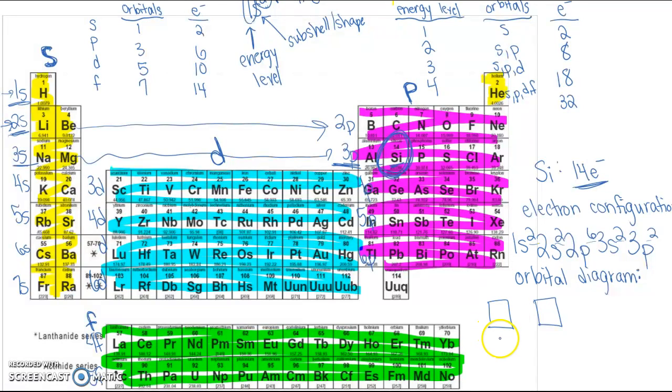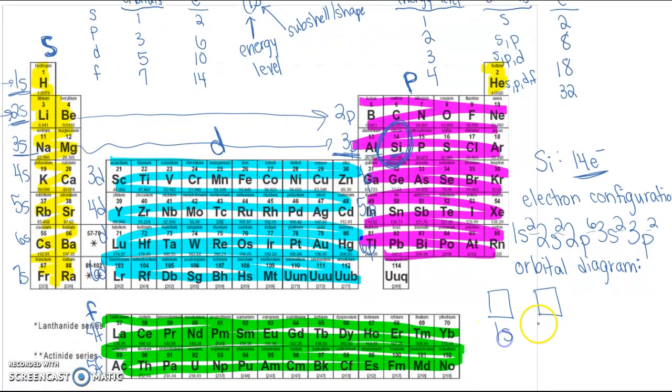So remember, the 1s can hold 2. Our next part, I'm just going in my order now, is 2s, and I have 2 electrons in there. Remember, the arrows go in opposite directions. And now the next part is my 2p. 2p is all full.